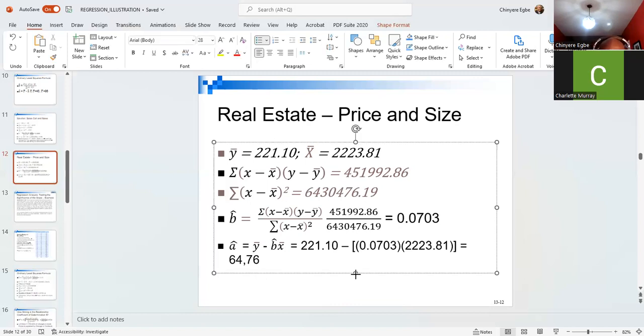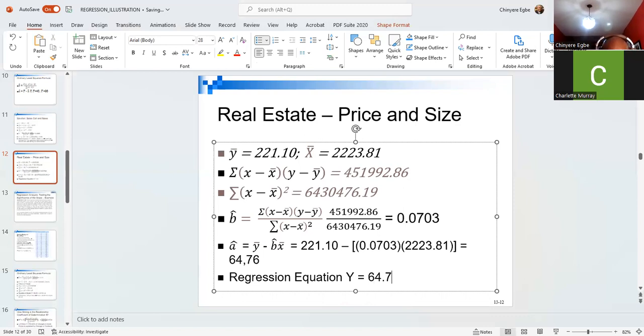Now, you use these two numbers to get what you call the regression equation, which is that Y is equal to 64.76, and B is a positive number, plus 0.0703 times x plus e.